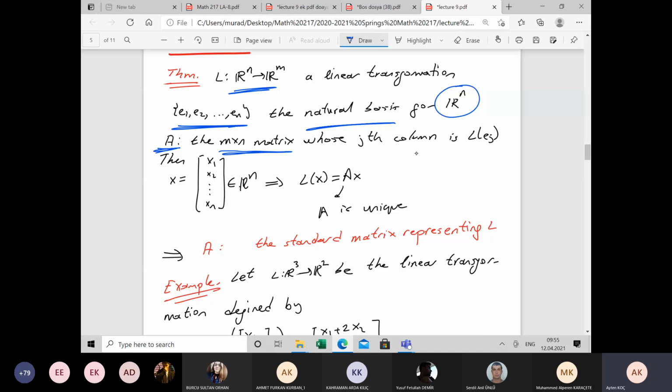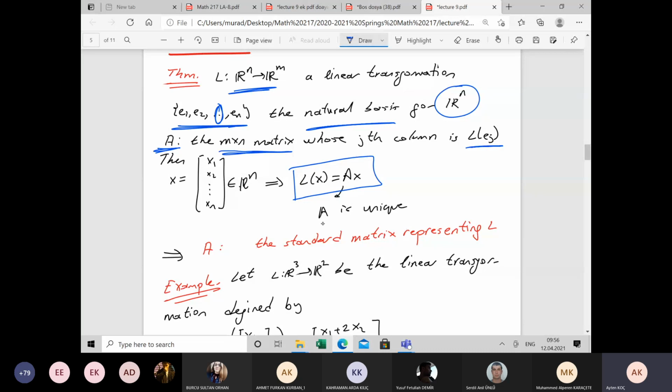So L can be written in this form: L of x is AX, which means the image of x can be written using the matrix A. And this matrix is unique. This matrix is called the standard matrix representing L.